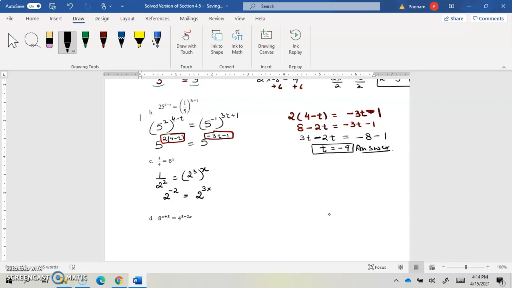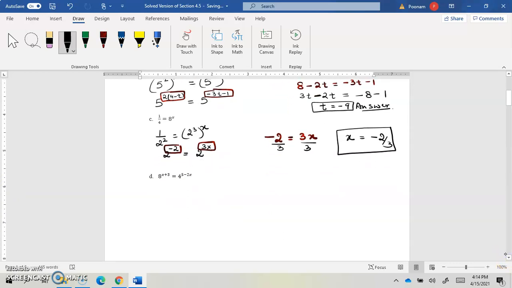Bases are the same on both sides, so the exponents can be equated using the equivalence property. So we have negative 2 is equal to 3x. We can divide both sides by 3. That will get us x is equal to negative 2 by 3. That is the answer to our problem.